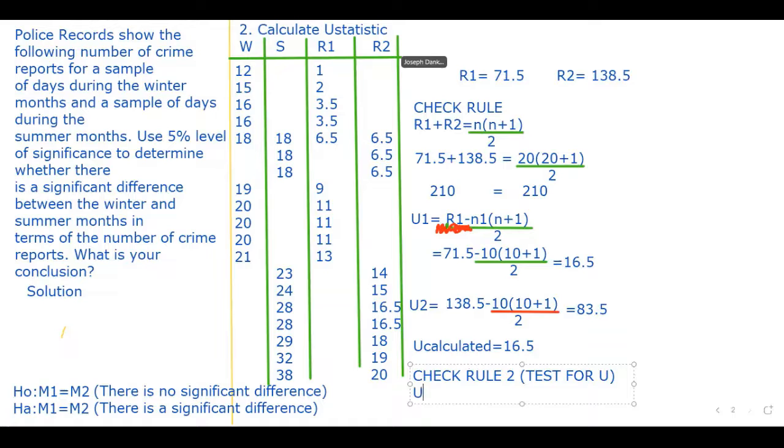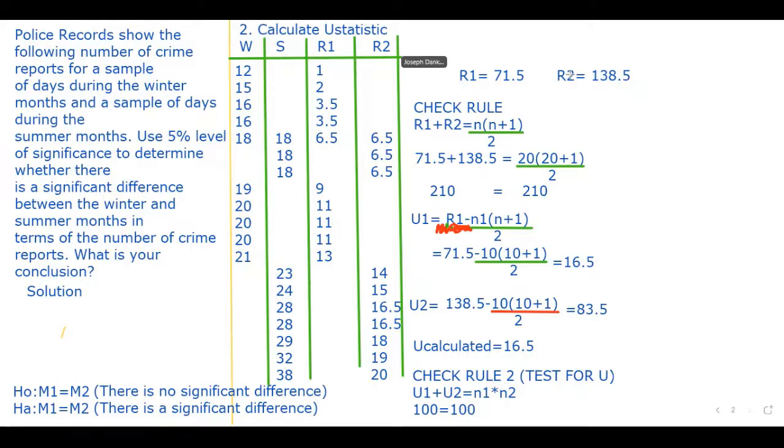U1 plus U2 should give you your N1 times N2. 16.5 plus 83.5 will give you 100, and this one, 10 times 10, gives 100. So if you don't get the same, then sorry, you're not on the track.